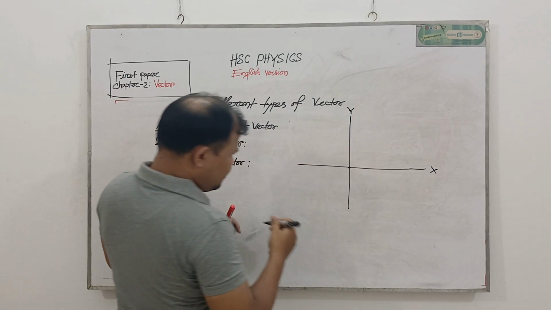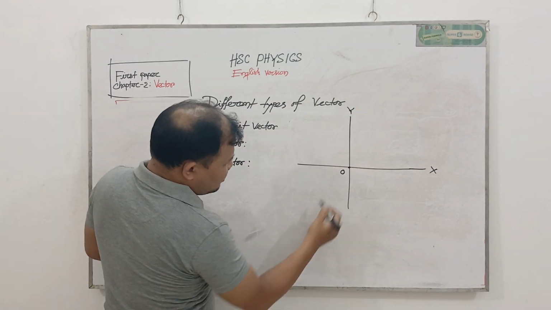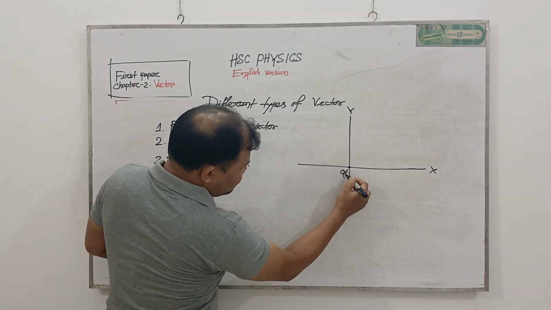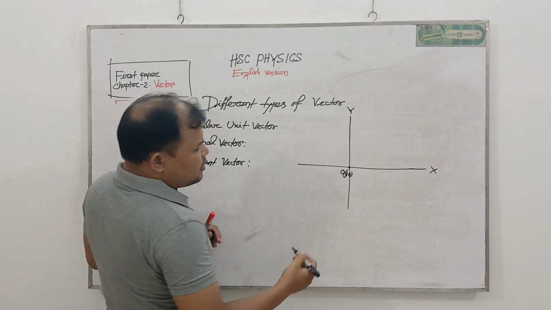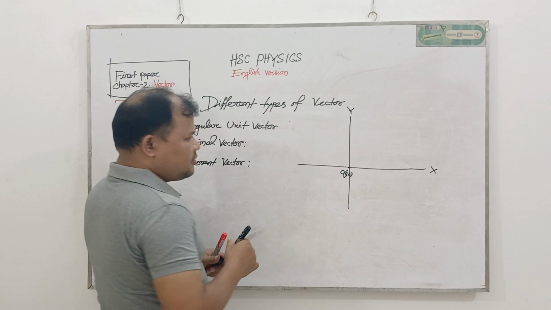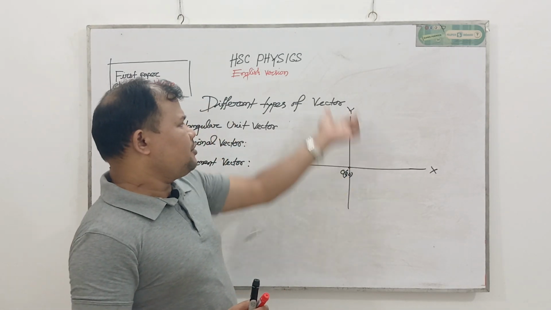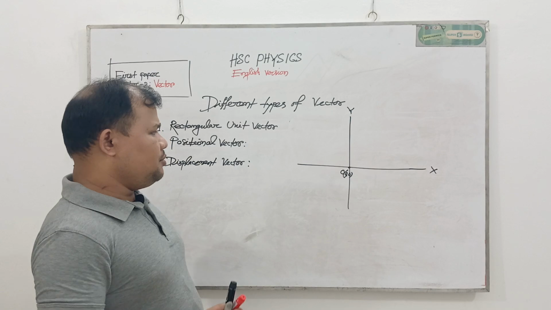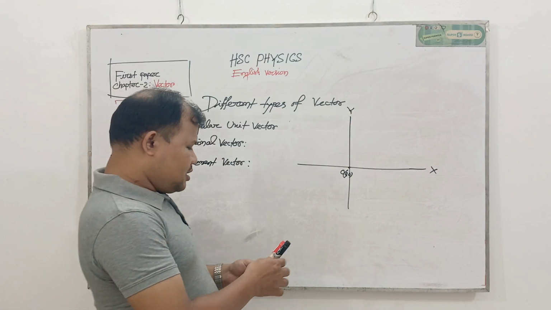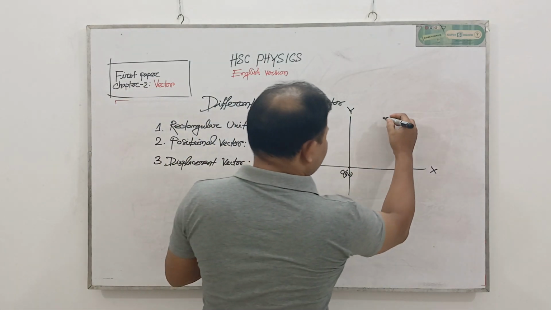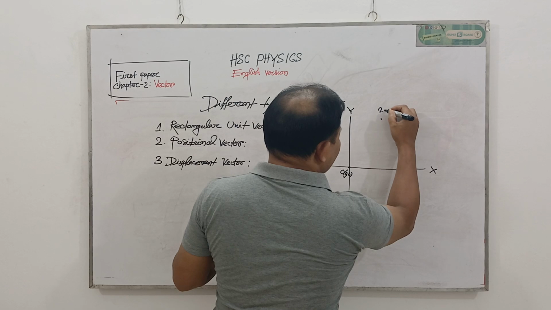This is the origin, and its coordinate will be (0, 0). Along the positive side of the x-axis, we use unit vector i cap. Along the positive side of the y-axis, we use unit vector j cap. Suppose here is a point, (2, 4).